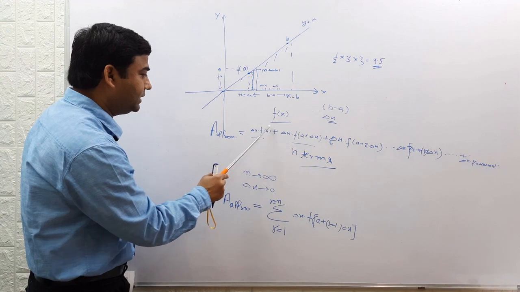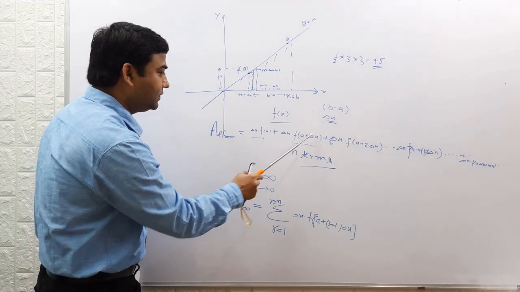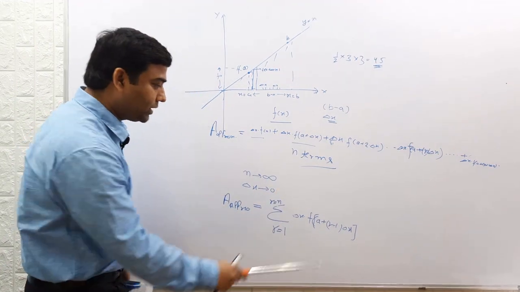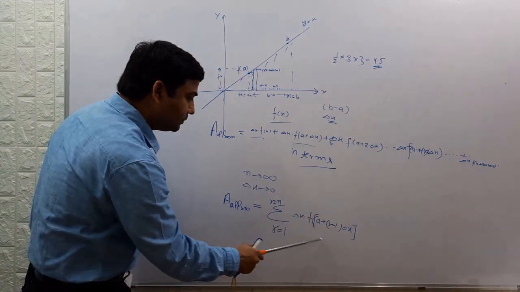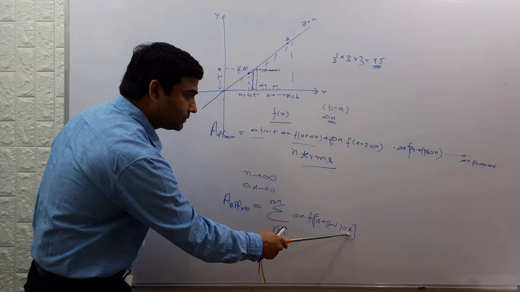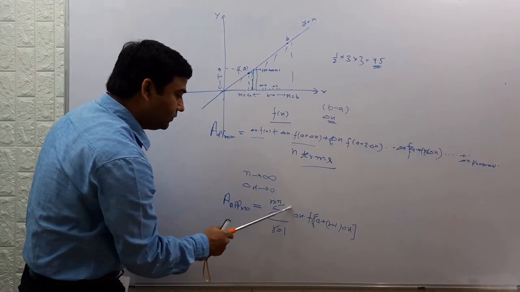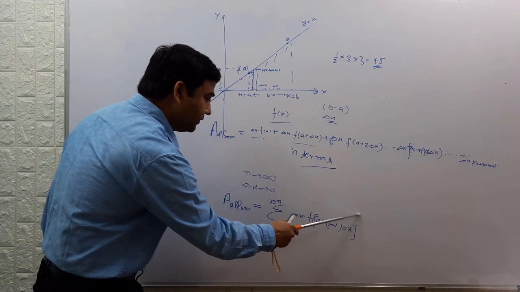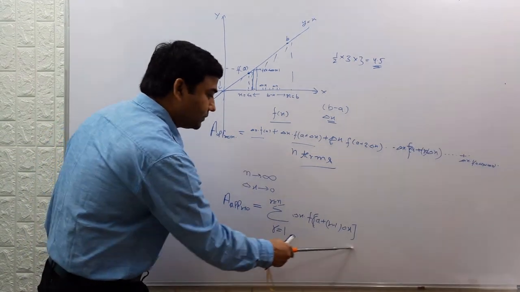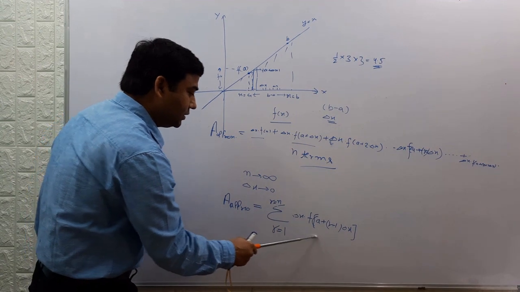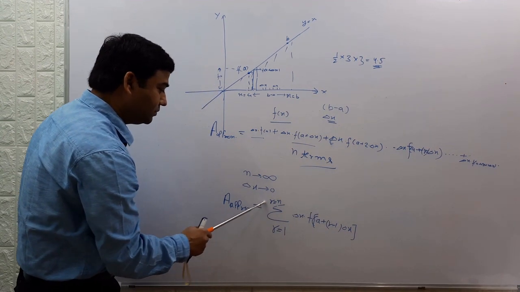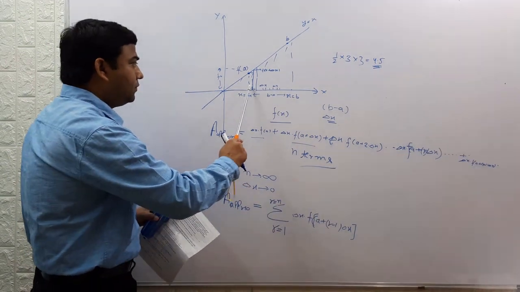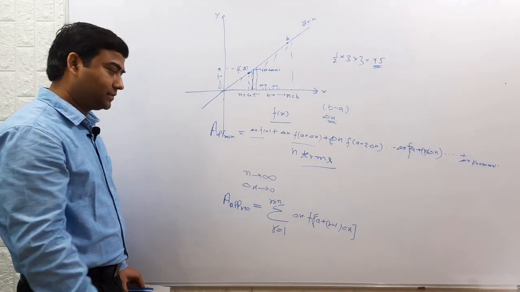First term height is f(a), second term height is f(a plus delta x), third term height is f(a plus 2 delta x). For the rth term, height is f(a plus (r minus 1) into delta x). So this is the area of the general rectangle, the rth rectangle, and this sigma series will sum up the area of all small rectangles.